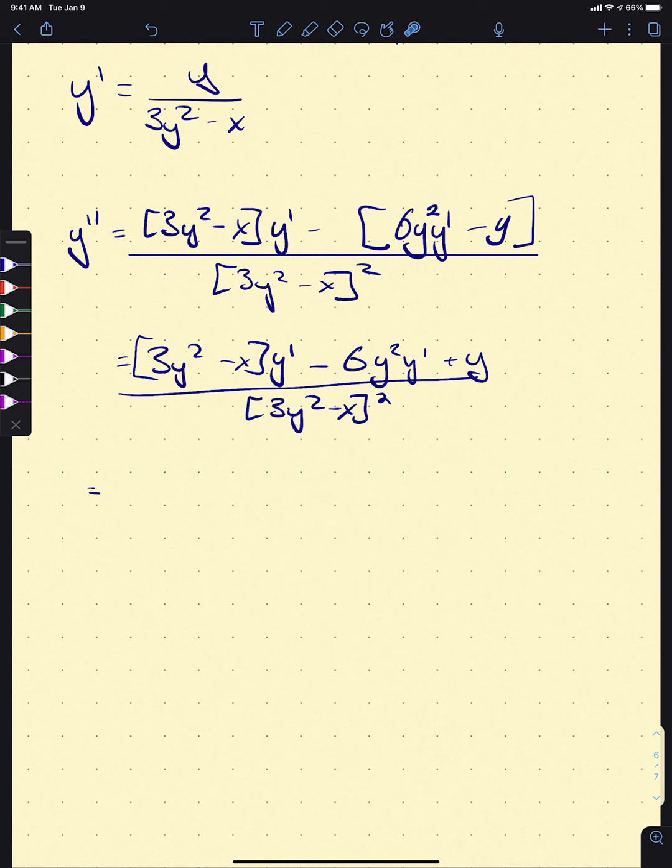But what I can do is I can now factor a y prime out of that. So we're going to have y prime times 3y squared minus x minus 6y squared, plus y. But of course we can simplify this further, because these 3y squareds give us a total of minus 3y squareds, right?